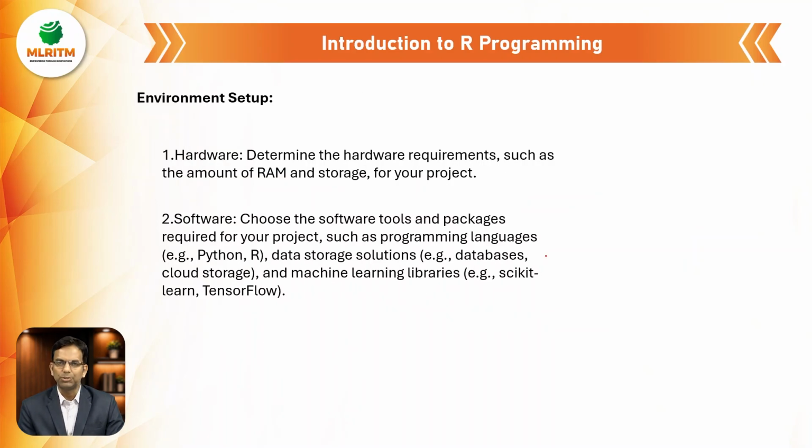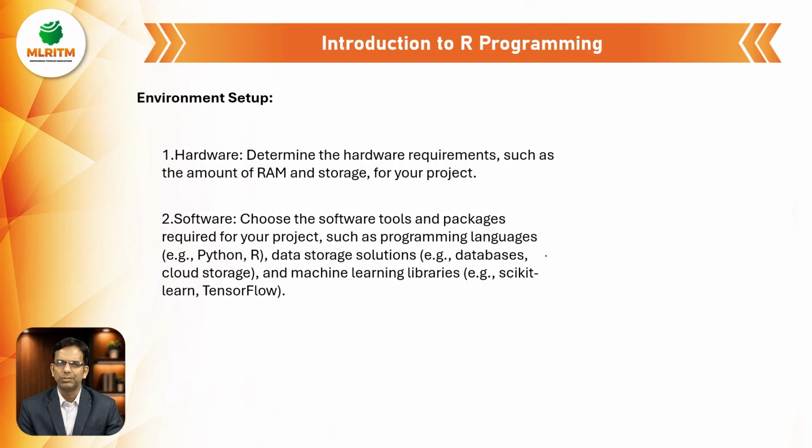Then we'll come to the environmental setup of R programming. To work with R programming, you have to install the open source R programming software. Before that, you have to go through the hardware requirements, your system configuration, how much RAM there is, and what your HDD, hard disk drive, is.